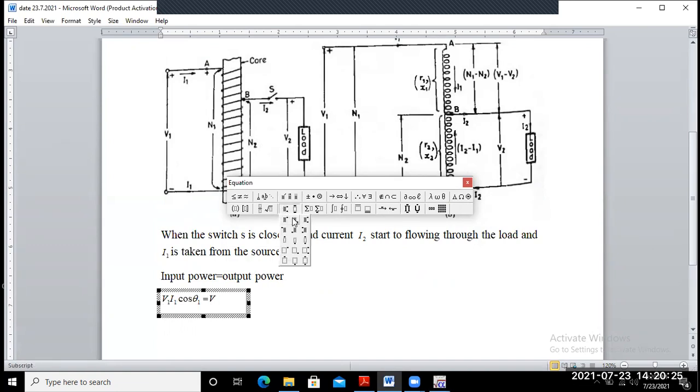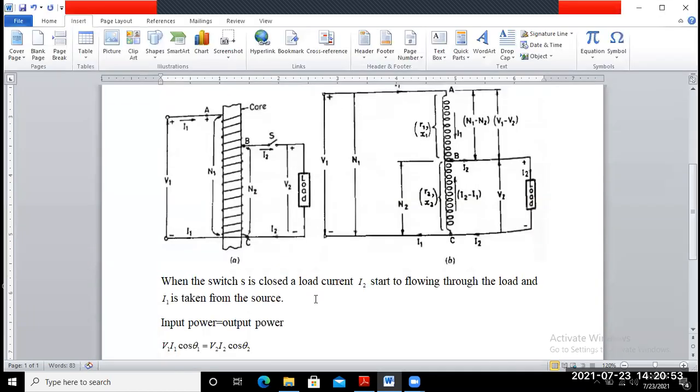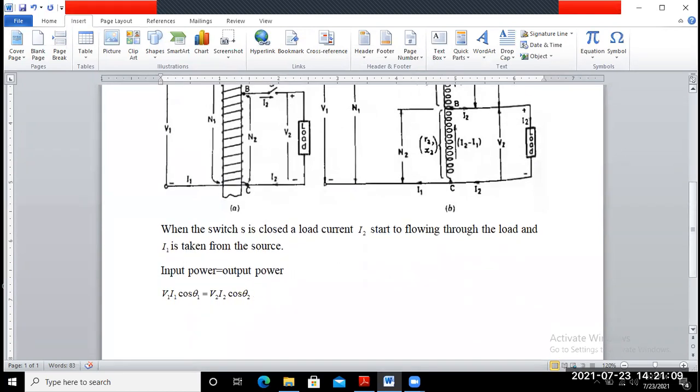So if internal impedance drop and losses are neglected, then the power factors cos theta 1 and cos theta 2 are equal.